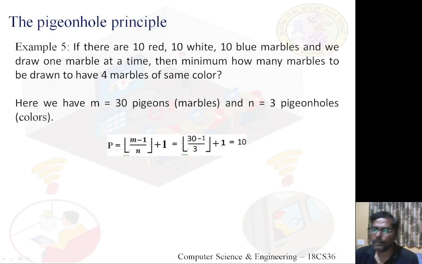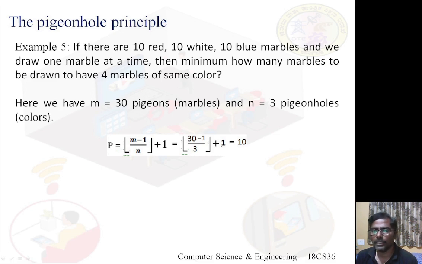Now let me apply this to the pigeonhole principle expression. M is nothing but the pigeons, the number of marbles. Total marbles are 30, so they represent 30 pigeons. The colors red, white, blue represent pigeonholes, so that is 3.